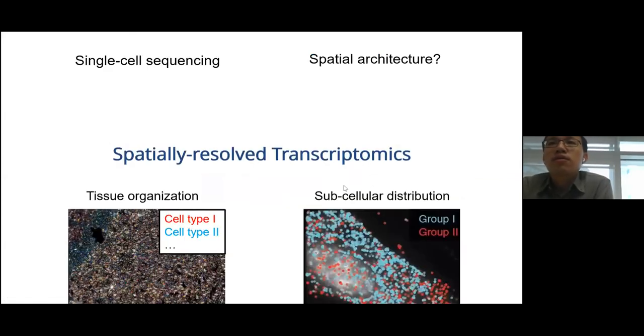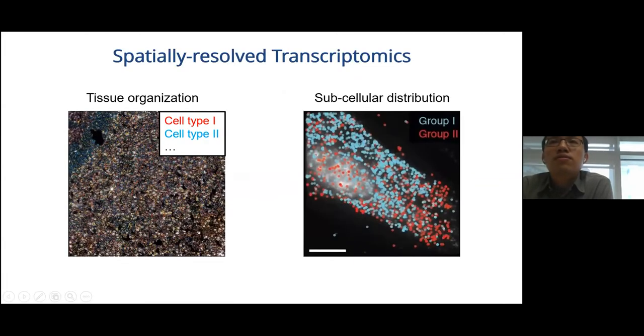There are a host of technologies, and one of them you just heard, the GeoSeq, to get to spatially resolved transcriptomics. And not just to see where the different cells are located in the tissues and how they are organized, but also, with enough resolution, to look at the subcellular distribution, whether they are located at the nucleus, the edge of the cells, and if they are polarity associated.